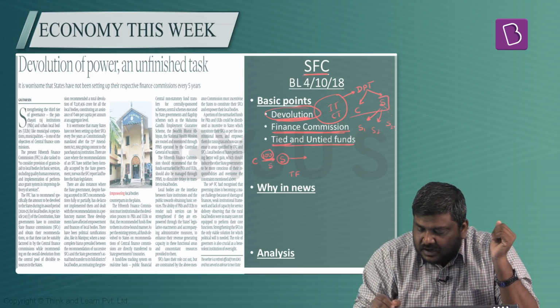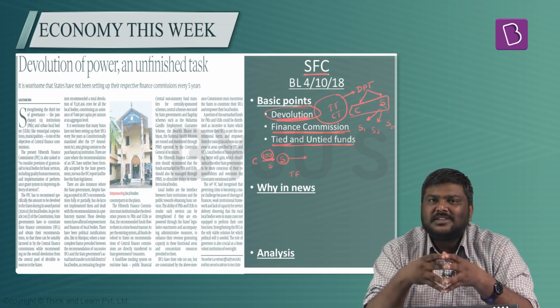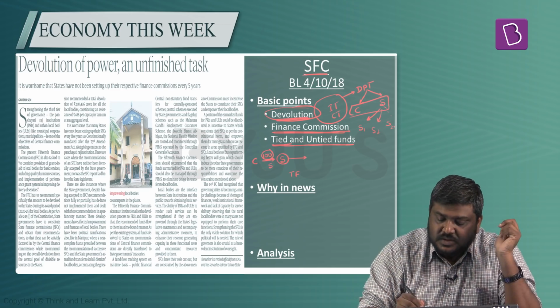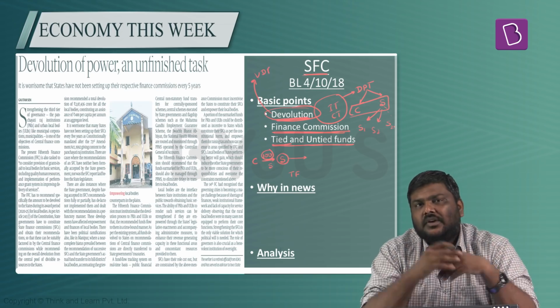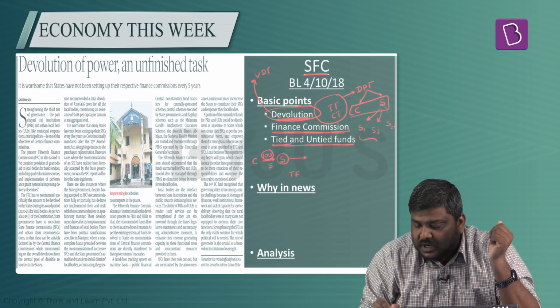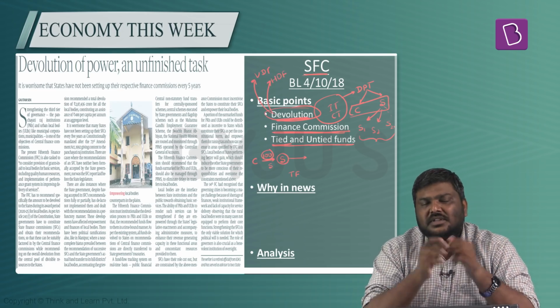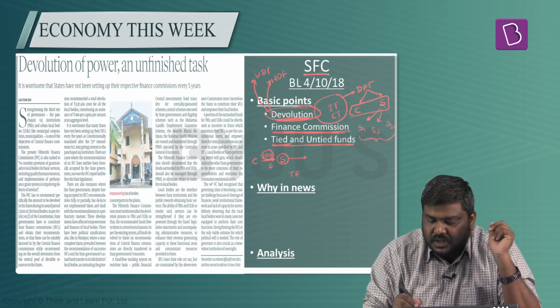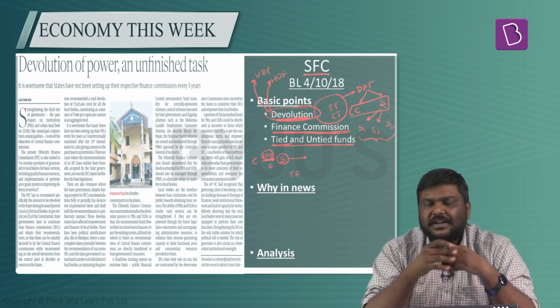This first recommendation, which ensures the distribution of the divisible pool of taxes between center and states, is called the vertical devolution formula. And on the other side, the distribution amongst the states is referred to as the horizontal devolution formula. This is the most important recommendation given by any finance commission set up in post-independence India.